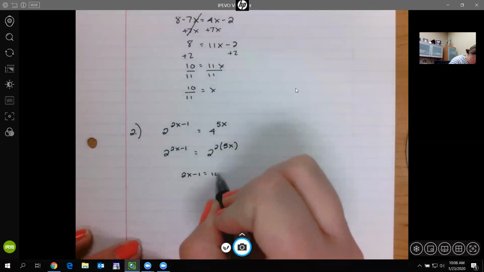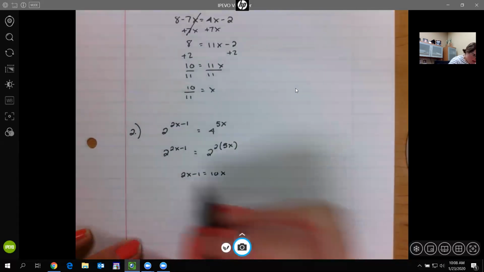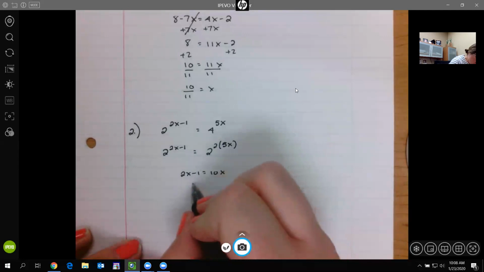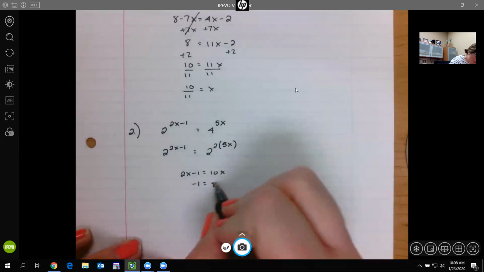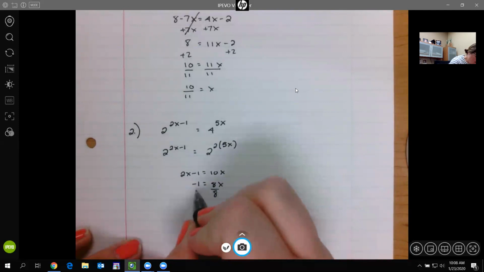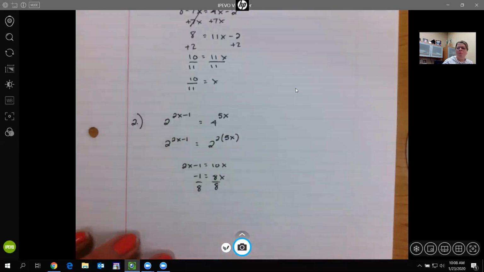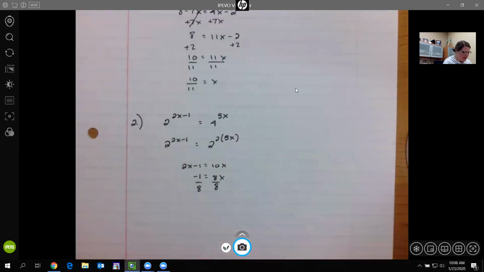This one will be 10x over here. I can subtract the 2x, and I'm going to get 8x, divide by the 8, and I get negative 1/8. So if I put in negative 1/8, it should solve both sides. So we have an x in our exponent. This is one of our methods.